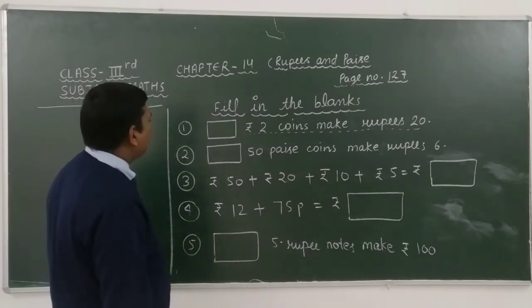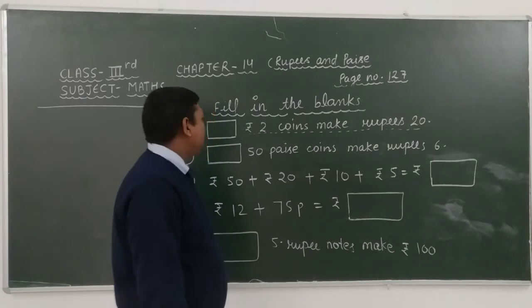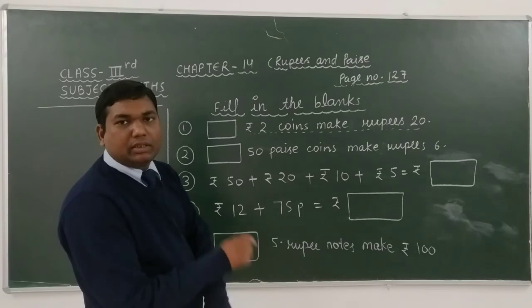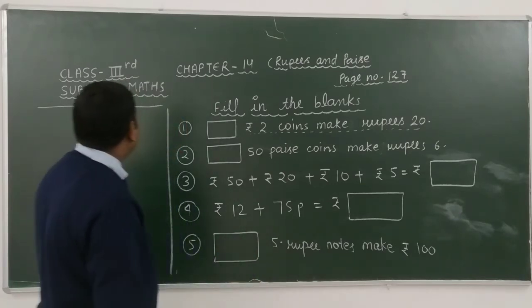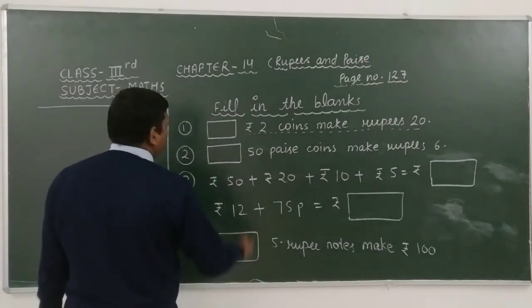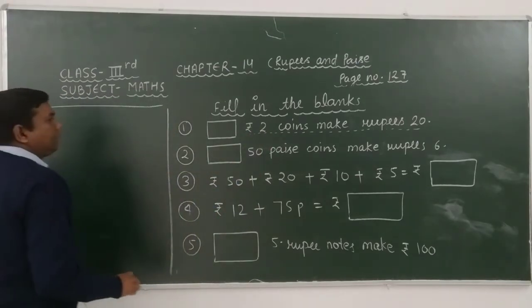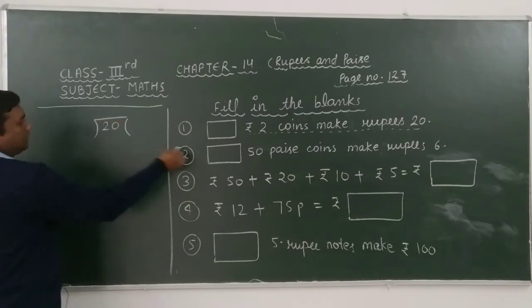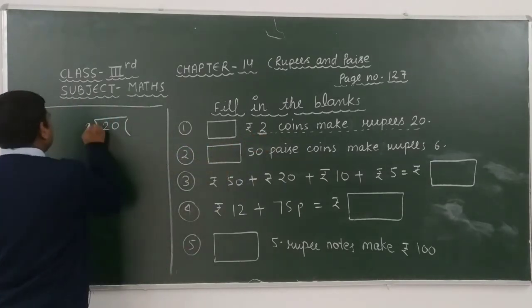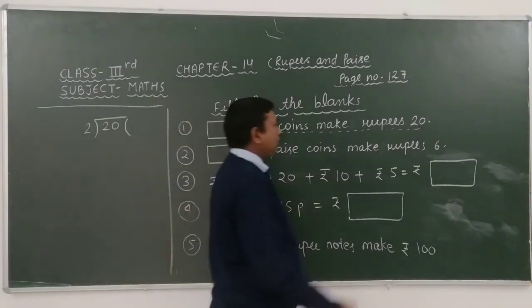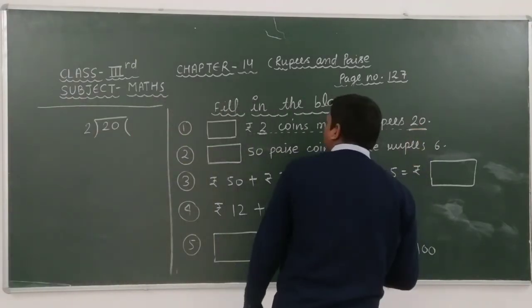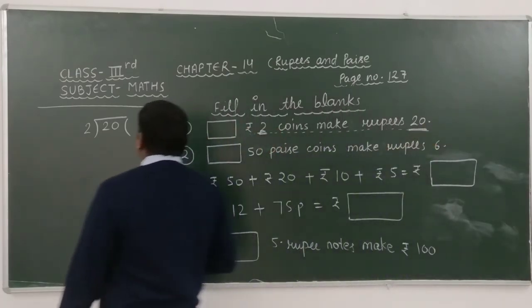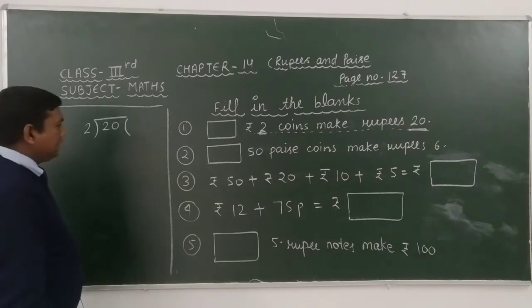If we take the division of 20 rupees by 2, then we get the total number of coins of 2 rupees.